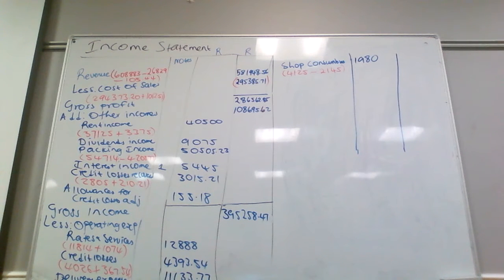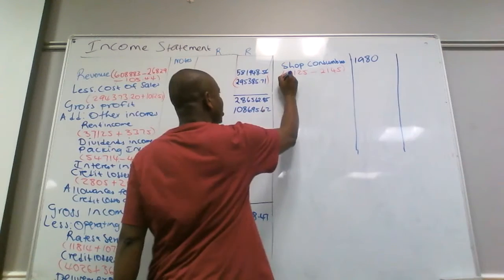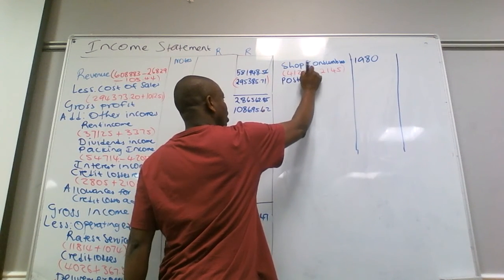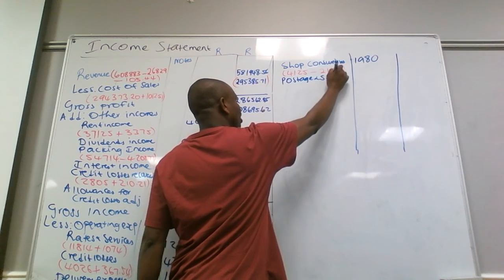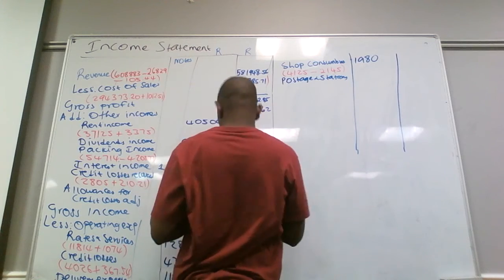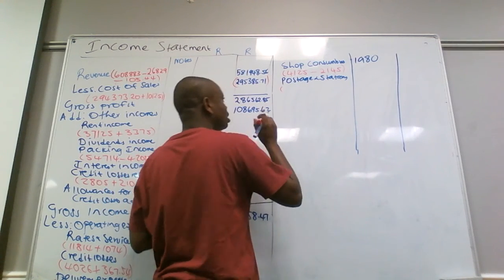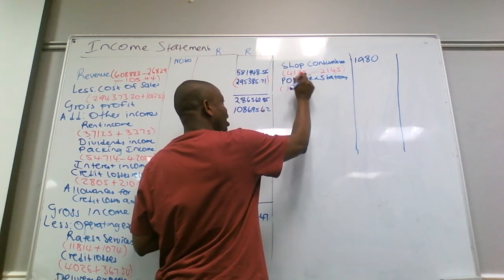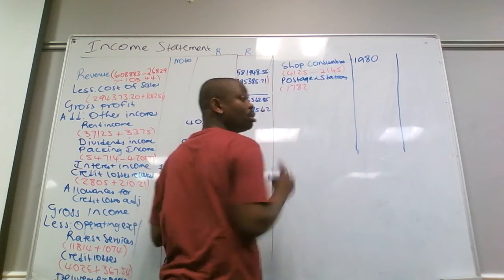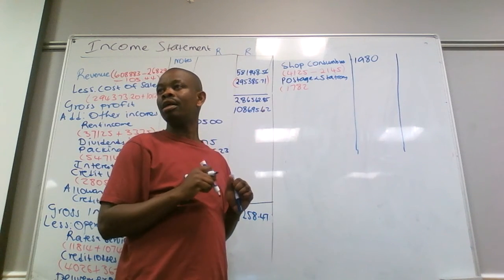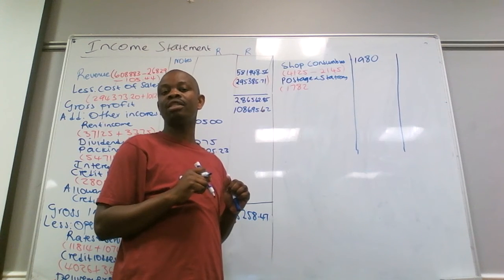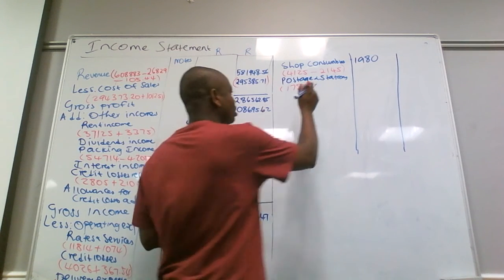Next, please. Postage. Number 12. I'll put my bracket for the time being. Please find the balance for me. 1782. And how must I deal with the adjustment? Minus.